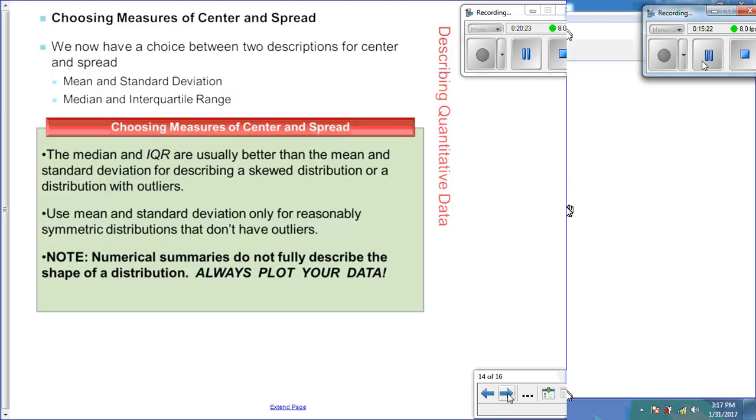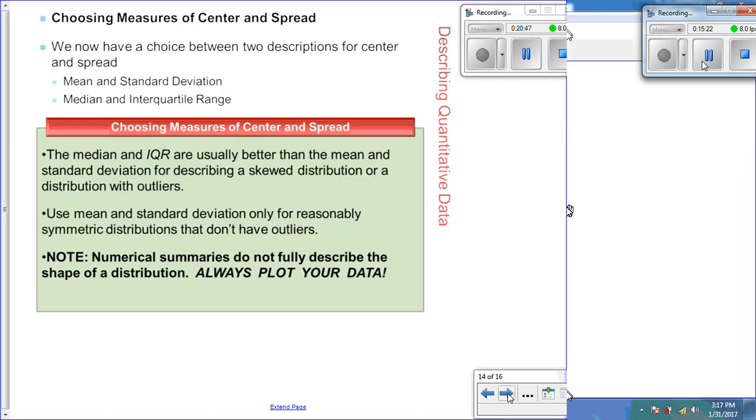So we talked about yesterday when to use mean and when to use median when describing the center. That goes along with standard deviation as well. If you're using the mean, then you would say the standard deviation for your spread. So mean and standard deviation are kind of like partners when describing center and spread.